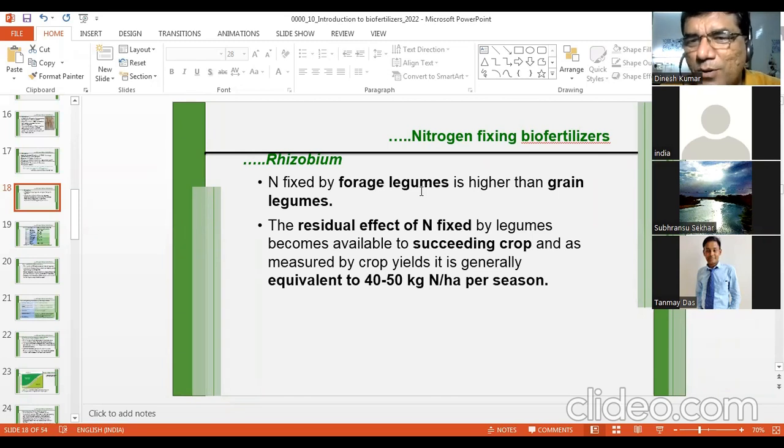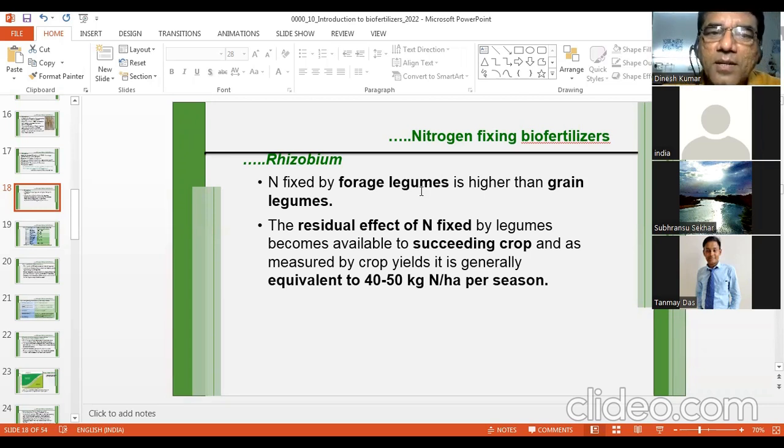So all pulses are grain legumes. Even your groundnut is a grain legume. Of course, it is not a pulse, but it is a grain legume. Similarly, groundnut, soybeans, you told soybean is also a grain legume. May not be a pulse, but it is a grain legume. So forage legume may be your berseem and your alfalfa. Alfalfa is your lucerne.